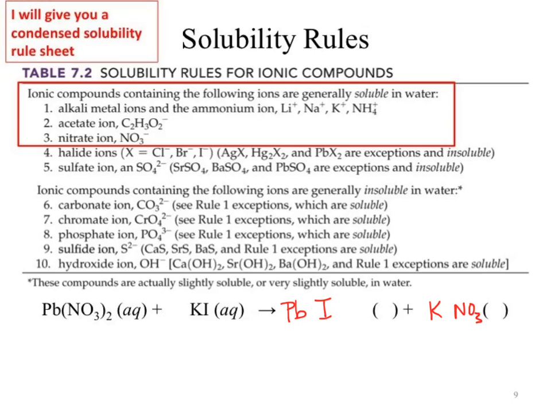Before we go through to balance the equation or even predict our phases, we need to make sure our formulas are balanced. So, what's the charge on potassium? Charge on nitrate. Does our charge balance? Yes. Charge on iodide. -1. Charge on lead.